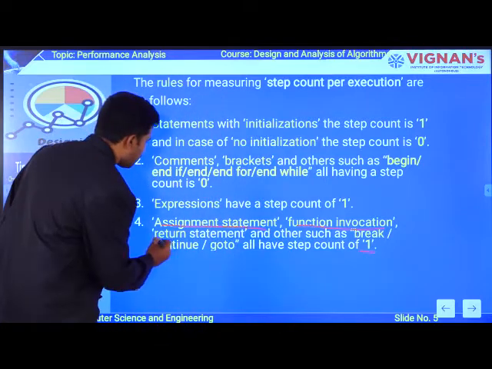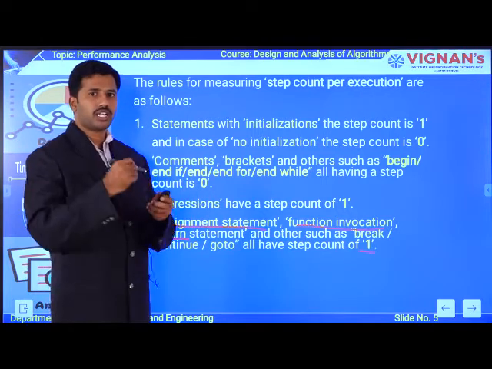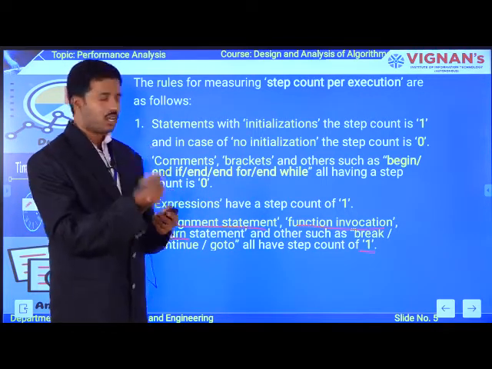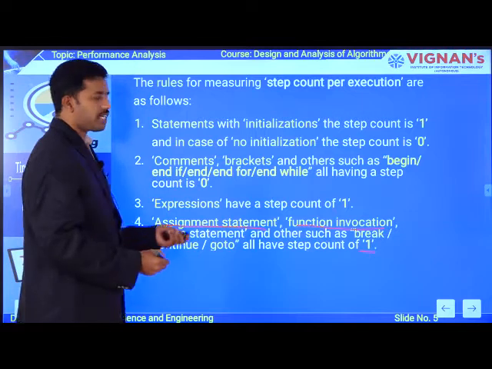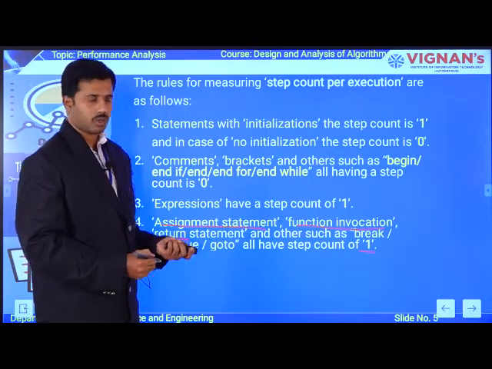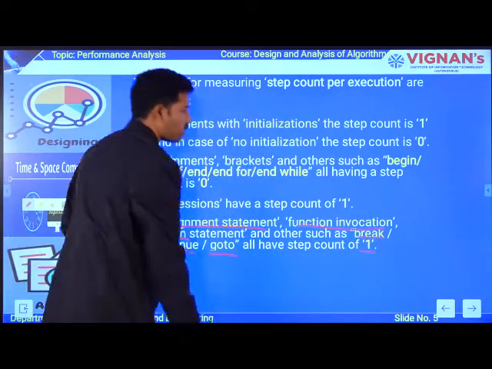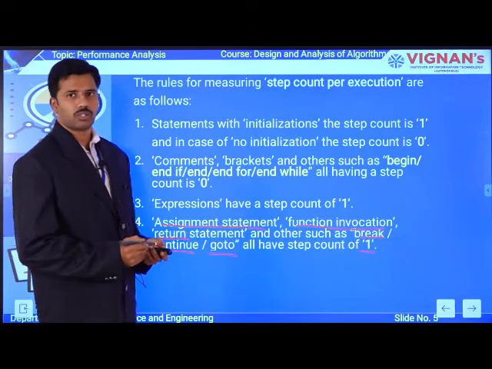As for the return statement, after a number of function invocations, you must return the results to the calling function. For return statements, the value becomes 0. And for keywords like break, continue and goto, the value also becomes 0.